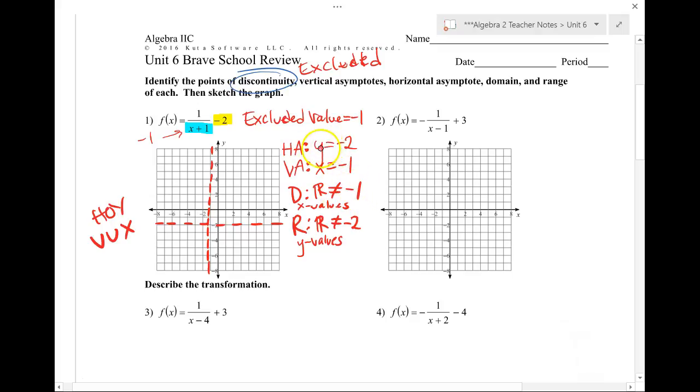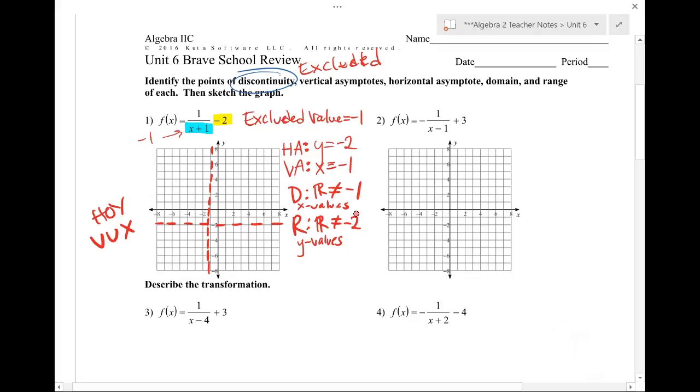And then for the horizontal asymptote, it's y equals -2. And the nice thing is that the range has the same value as the horizontal asymptote: all real numbers except, or cannot equal, -2.